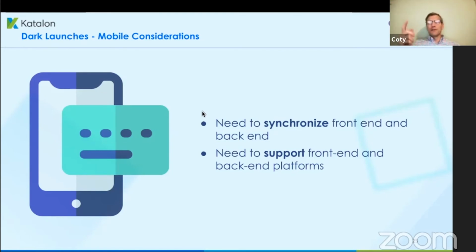Maybe you've got something else, but those are the two likely ones. And on the back end, it's very unlikely you're doing Swift. Maybe you're doing PHP, maybe you're doing Java, maybe you're doing JavaScript. You need to make sure that those are both supported, because more than likely, although a lot of feature flagging gets done on the front end, you're almost certainly going to need some back-end support to keep in mind.